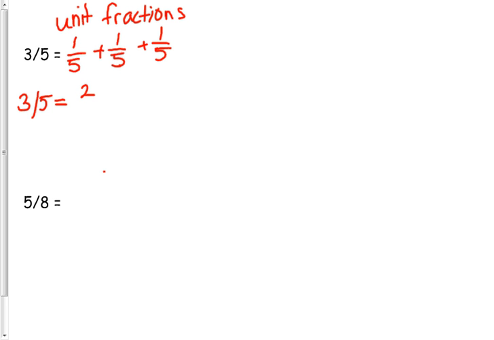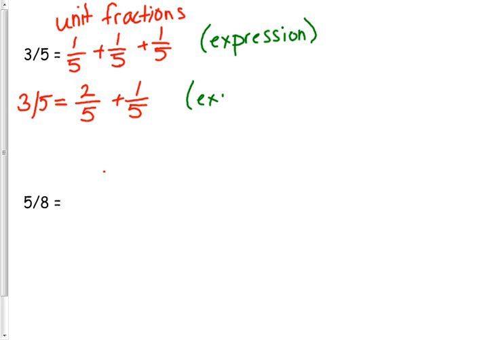That's right. 2/5 plus 1/5. So now I have two different ways that I can represent 3/5, and these are two different expressions. So I'm going to write in parentheses expression. That's exactly what you just wrote. You're representing the fraction in different ways.